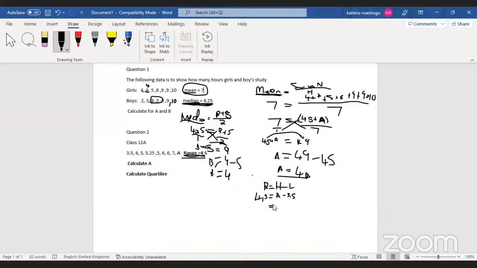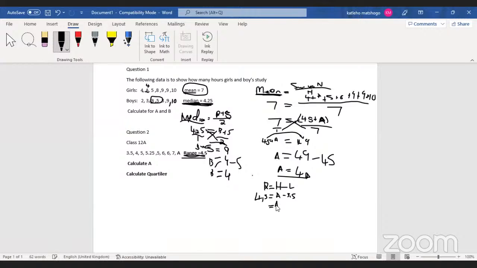Wait. Don't you somehow make the A stay on one side or move it some way?